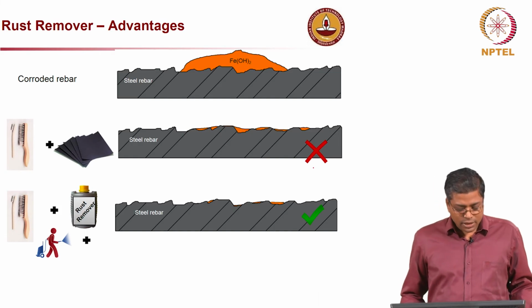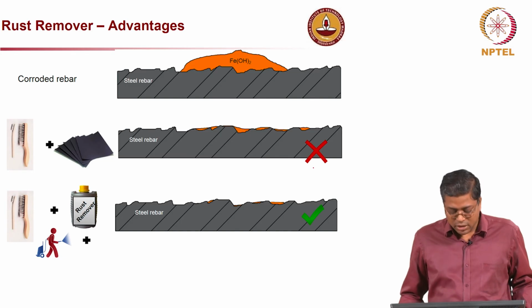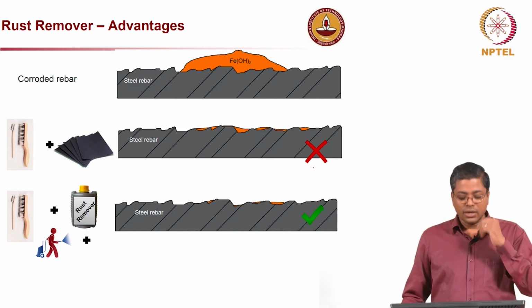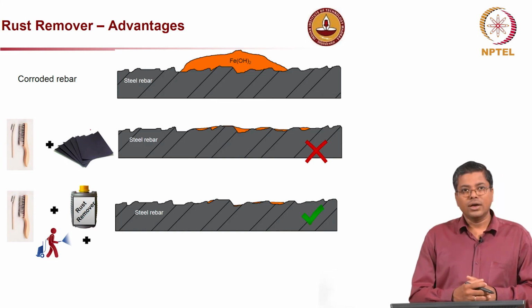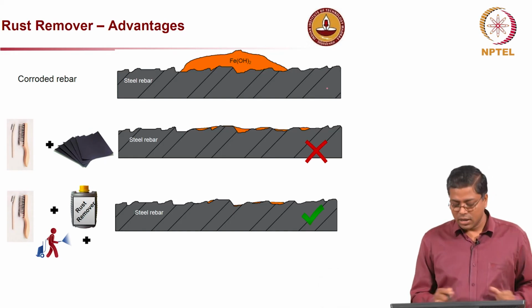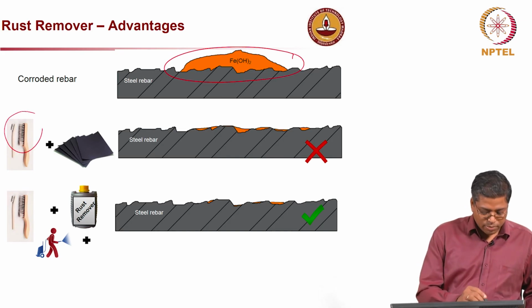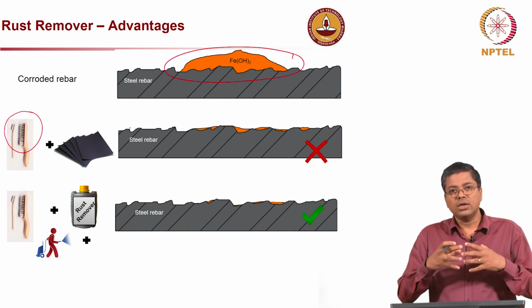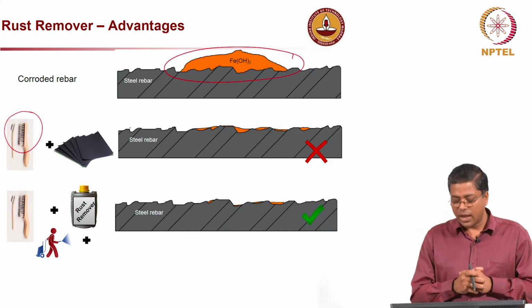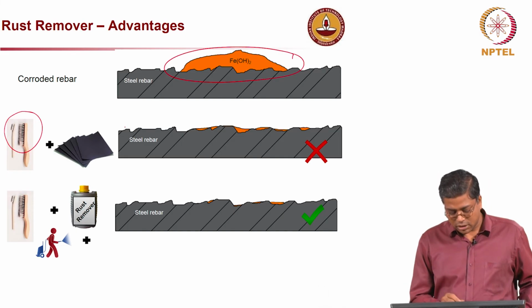Now, another material available is a rust remover, which works not by mechanical action but by chemical action. What is the advantage of that? In the top image you see a corroded rebar with a lot of corrosion, and if you take an emery paper or a wire brush, still there will be some rust which is adhered well, or entrapped inside the flakes or scales on the rebar surface.